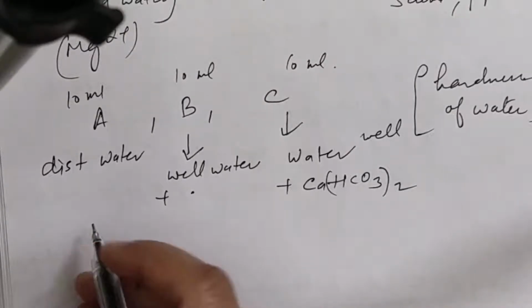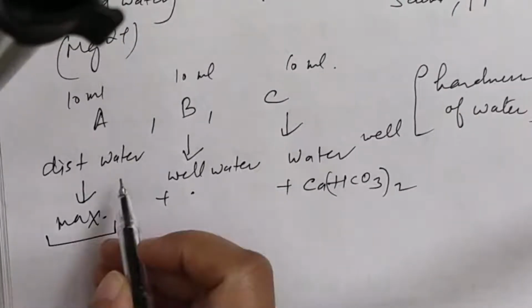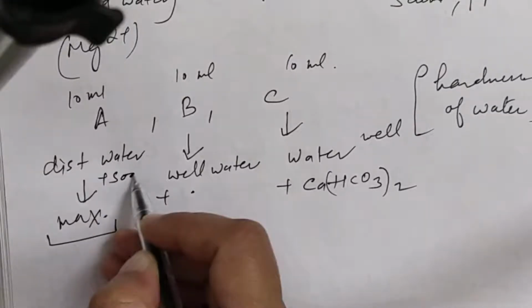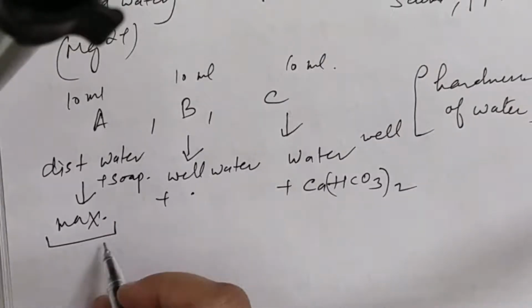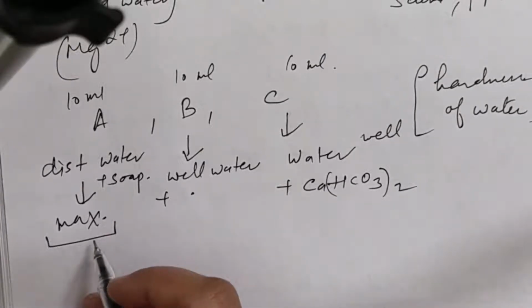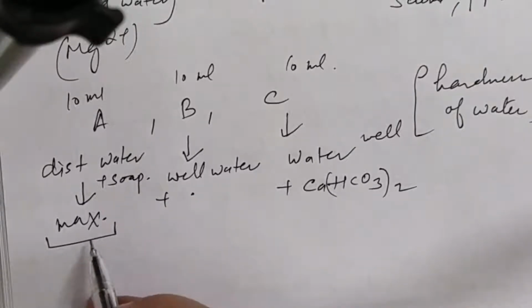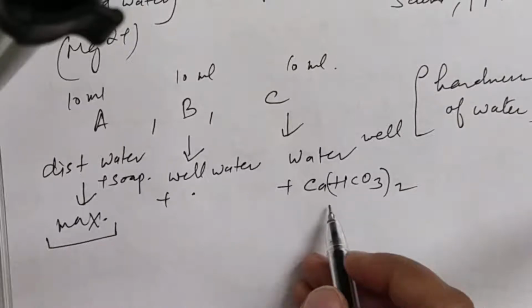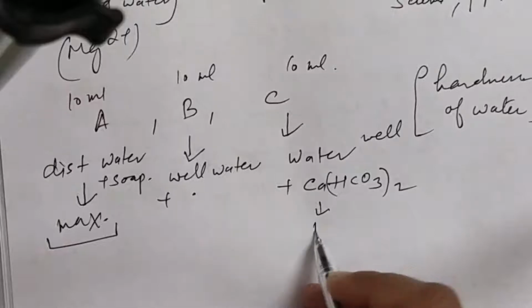There will be the maximum amount of lather formation in the first test tube, in which the distilled water with soap solution you have stirred. So maximum lather or foam formation will be there in test tube A. In test tube C the hardness of water will be at its maximum limit, so the lather formation will be minimum.